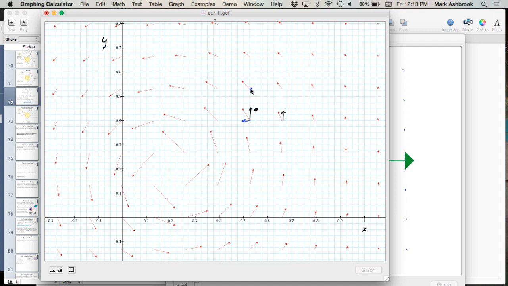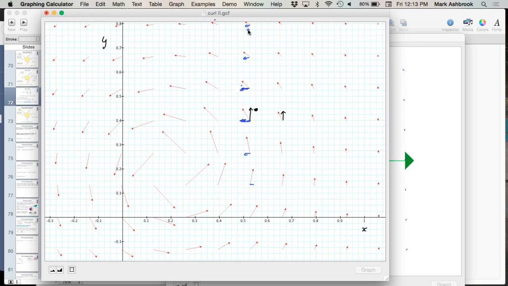And what's happening to those? So look up here, as we go north.